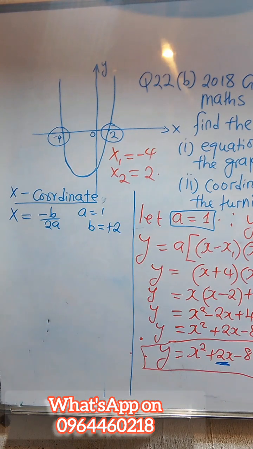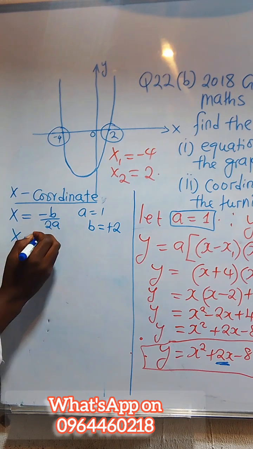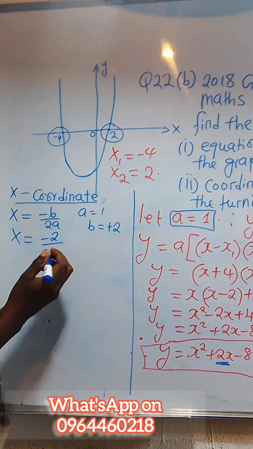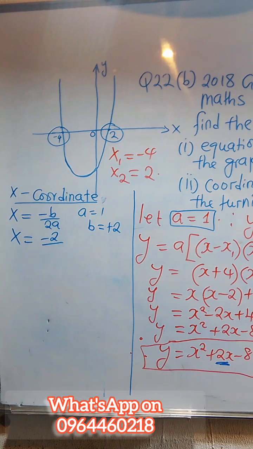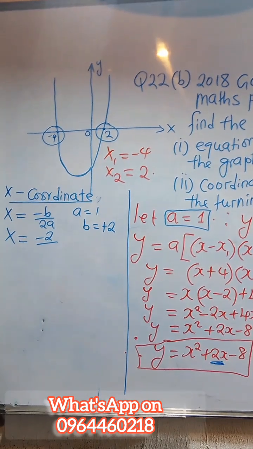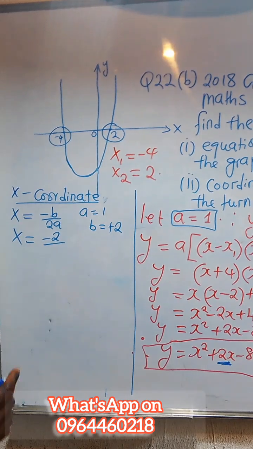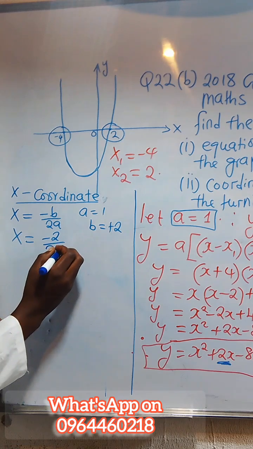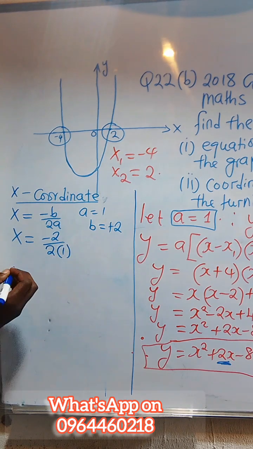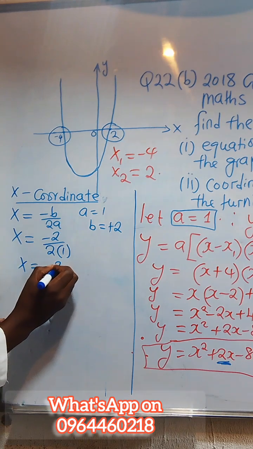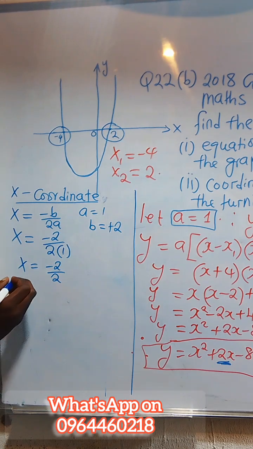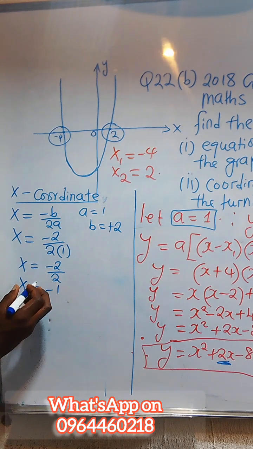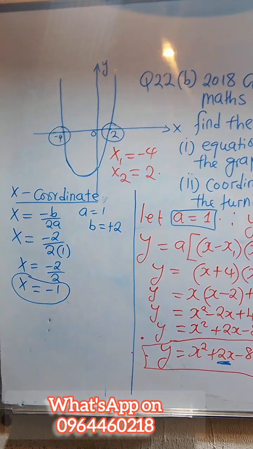So x equals negative 2 divided by 2 times 1, which is negative 2 over 2, which is negative 1. This is our x coordinate.